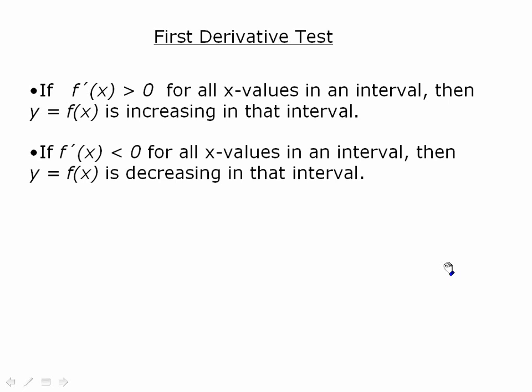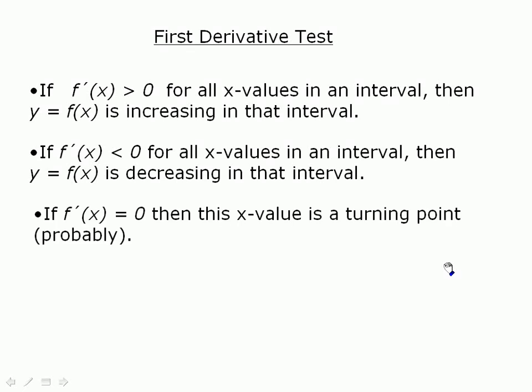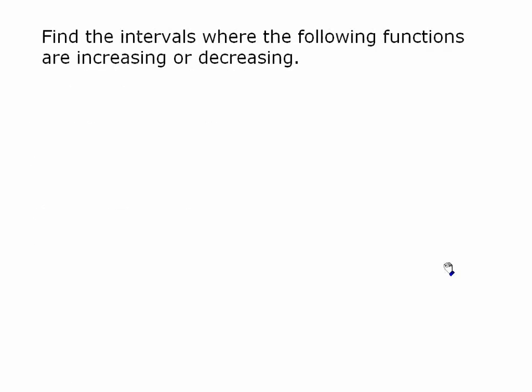Okay, we saw that in the previous one. Here's the point that's maybe a little debatable. If the derivative is equal to 0, then this x value is a turning point. And then I put in probably, because that isn't ironclad. That's not a guarantee, so we'll have to spend some time getting clear on this point. Certainly it was true in the previous graph. It won't always be true, though. So you want to file that information away someplace.